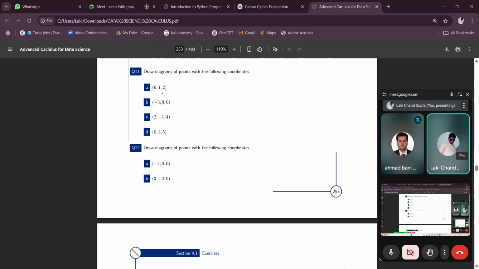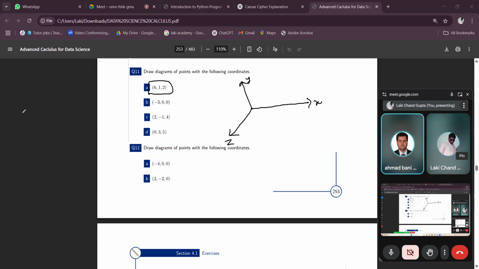How do we draw the diagram of this? Okay. First, x-axis. First move on the x-axis by 6 units. 6, 0, 0. Then move on the y-axis by 1 unit. Actually, y is there. 1 unit means 1 unit here.